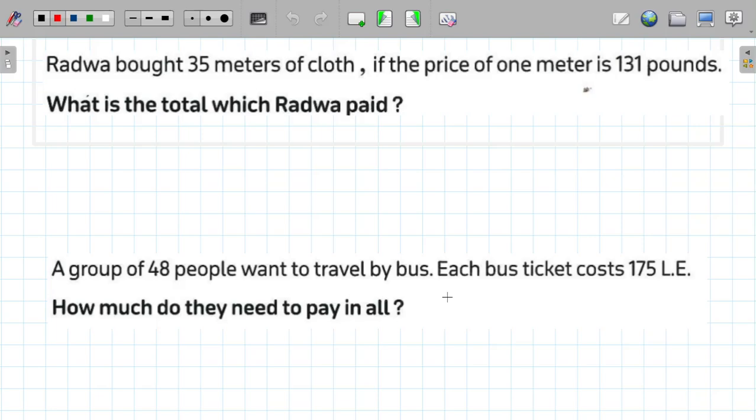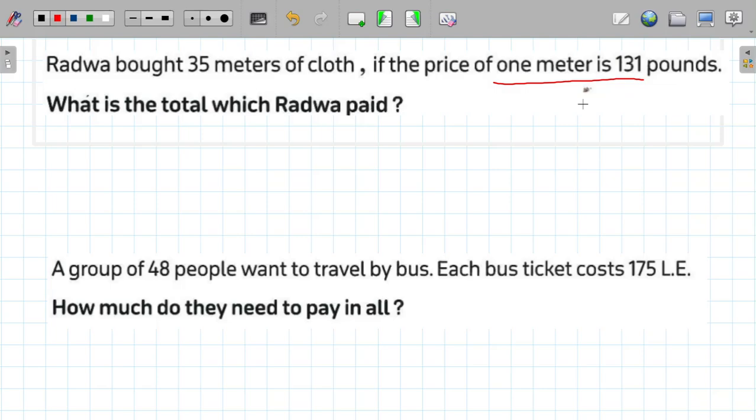So the first one here says Radwa bought 35 meters of cloth. If the price of 1 meter is 131 pounds, so what is the total which Radwa paid? Okay, so the price of 1 meter is 131.